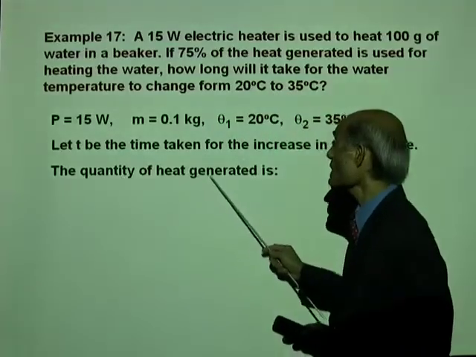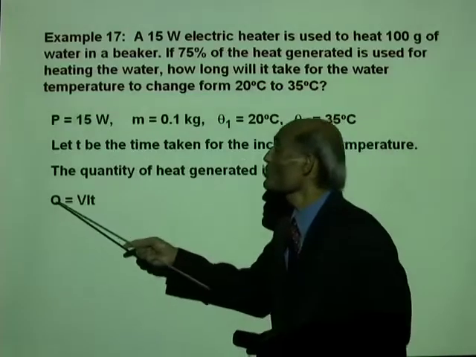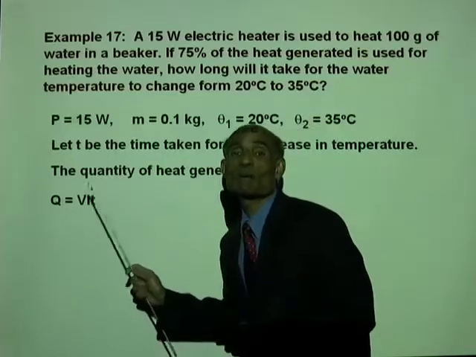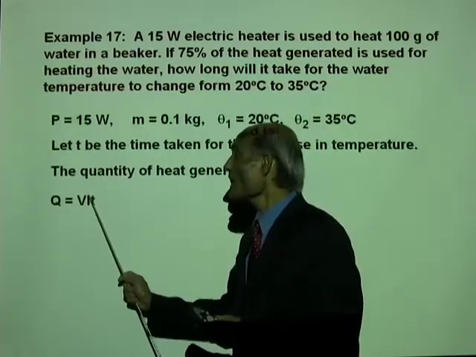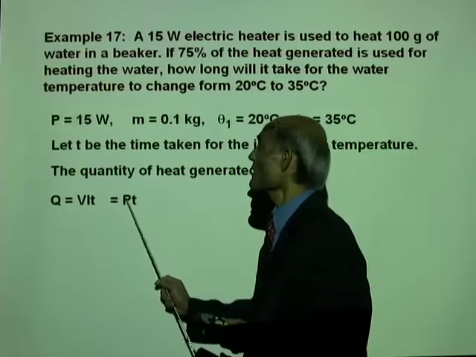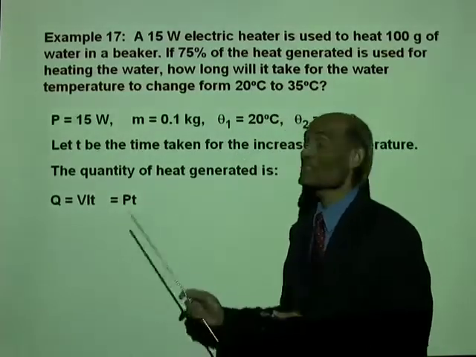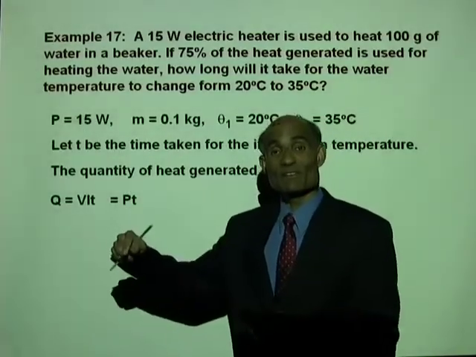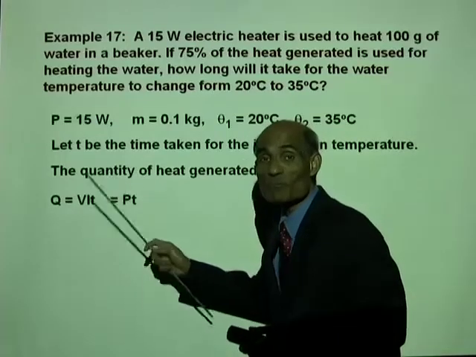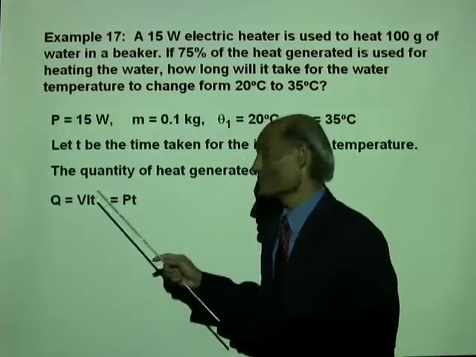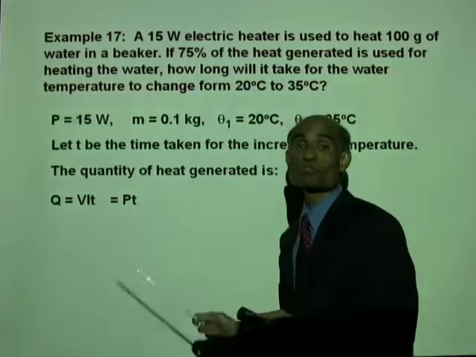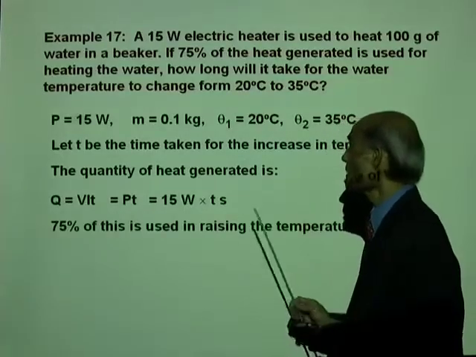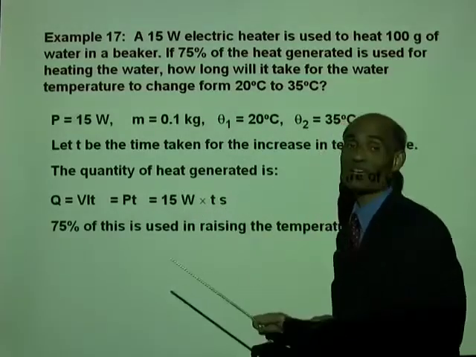The quantity of heat generated is Q equal to VIT, or simply power multiplied by time. VI is the power. The power means the energy per second. You multiply that with the time during which the appliance is used, you get the total quantity of heat produced during that time. That will be 15 watt times T seconds. That will be 15T.